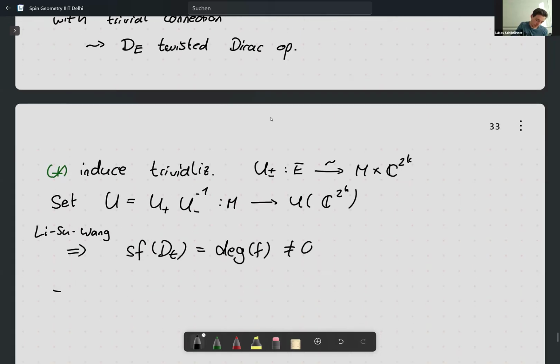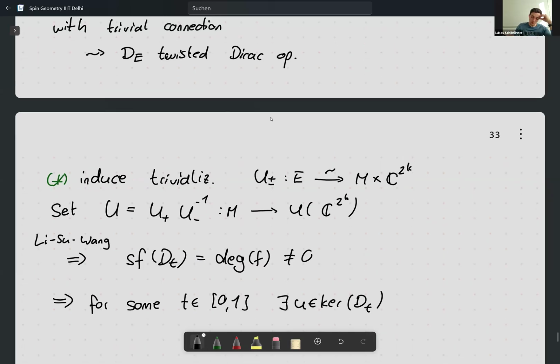By the definition of the spectral flow, this means that for some t in [0,1], there exists a harmonic spinor in the kernel of D_t. So we reach the same conclusion as using the Atiyah-Singer index theorem in even dimensions.